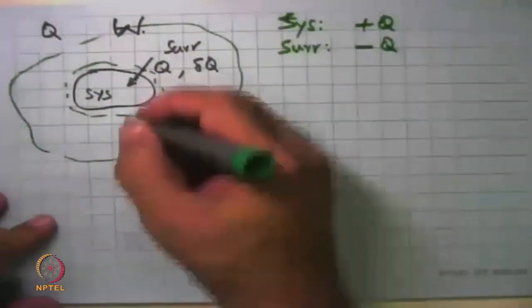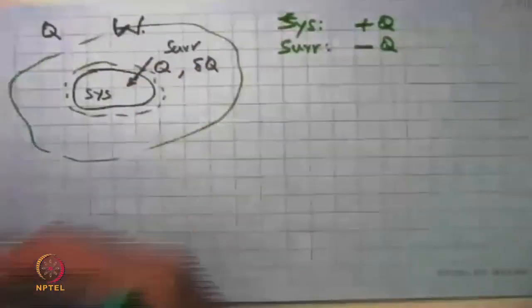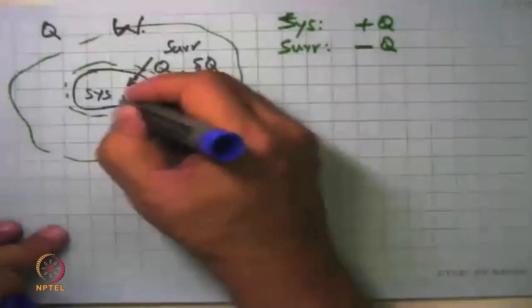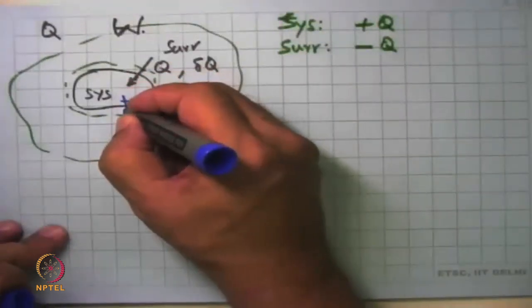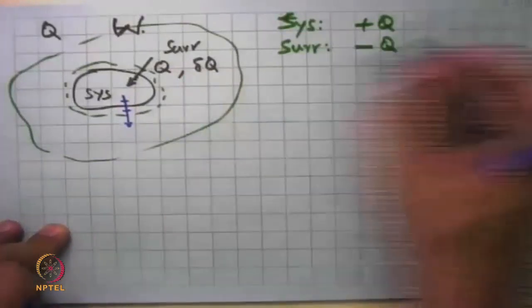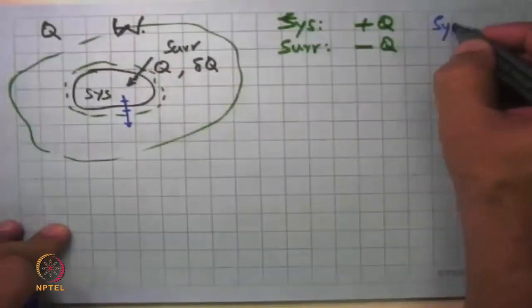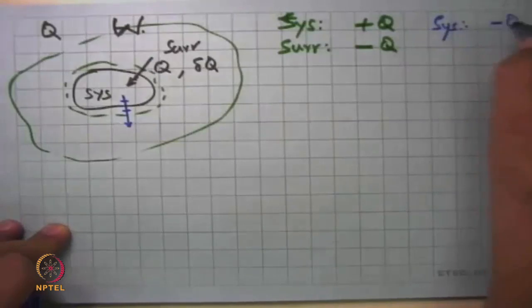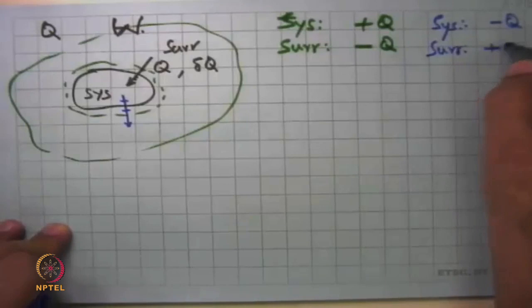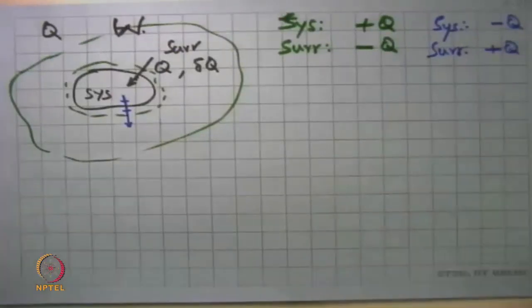And in case it is the other way around, that the system transfers heat to the surroundings, that means the system is at a higher temperature than the surroundings. In this case, for the system this is minus Q, and for the surroundings this is plus Q.